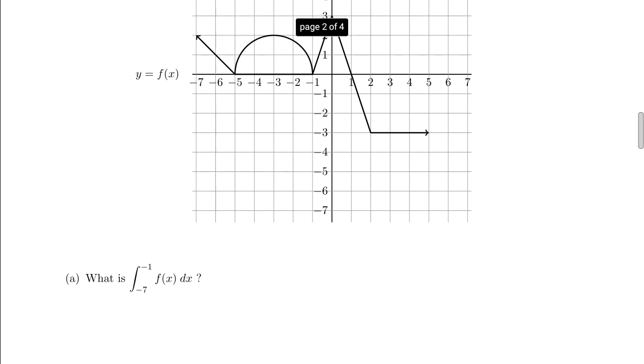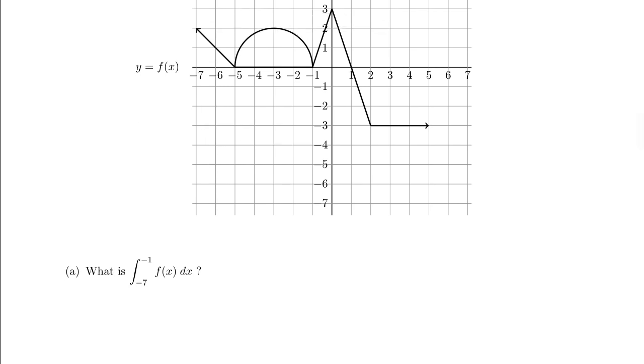So the first example is asking us, what is the definite integral from -7 to -1 of f of x dx? Well, we're asking for the area under the curve between x equals -7 and x equals -1.